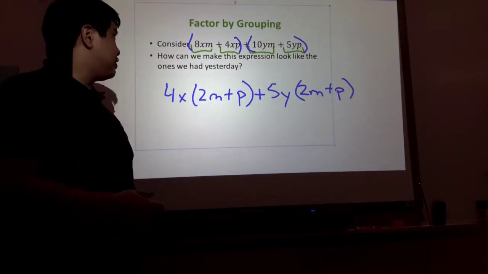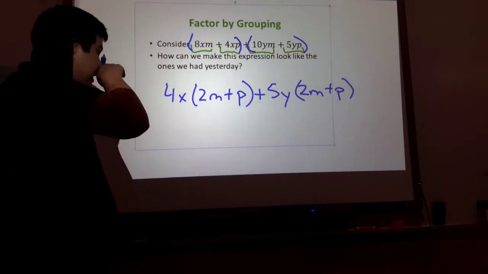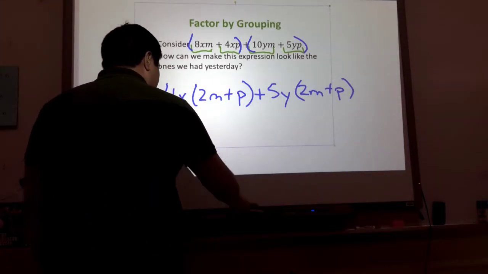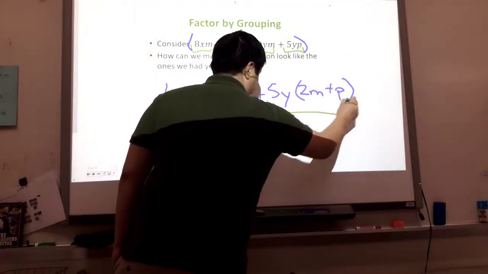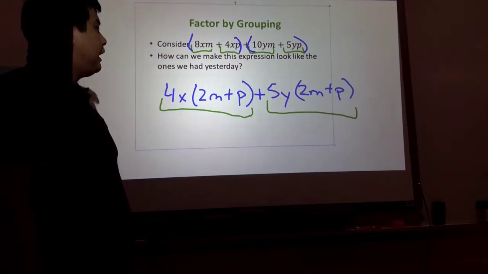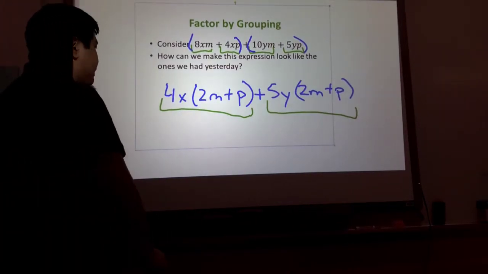Now we're left with something that looks very similar to what we worked with yesterday, or the other day. We now have 2 terms right here, 1, 2, and they have a common factor of the binomial. And so now we can factor out that binomial.